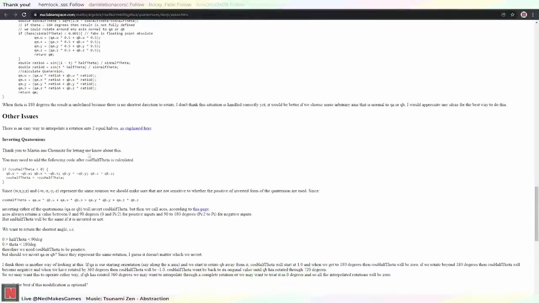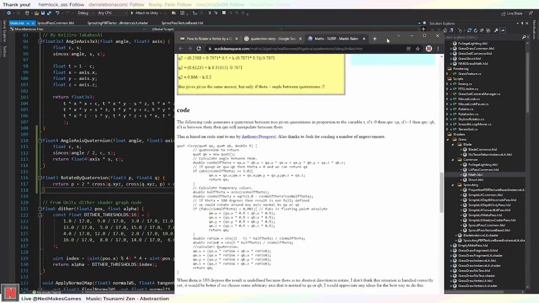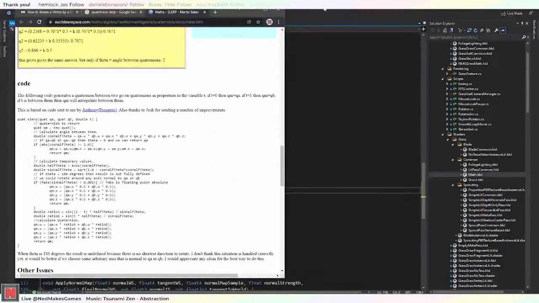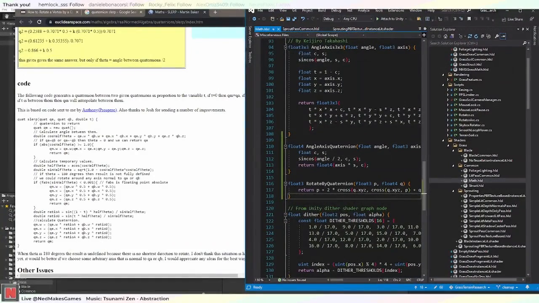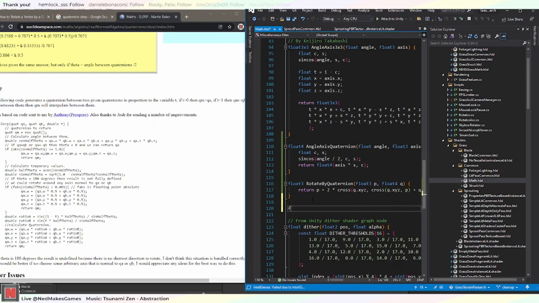Well, I was going to check to see if it was like that other implementation, but... Okay, let's just implement this really quick.